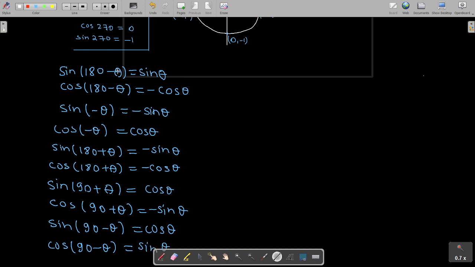Remember these properties. Now, how do you remember these? All of these will be used while solving trigonometric equations.